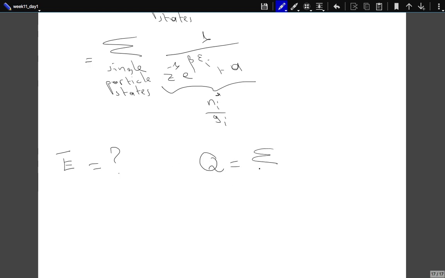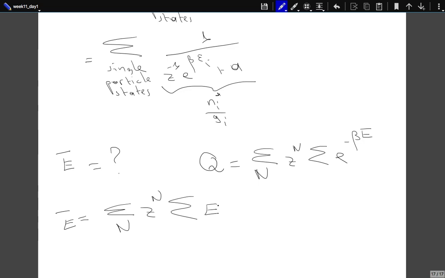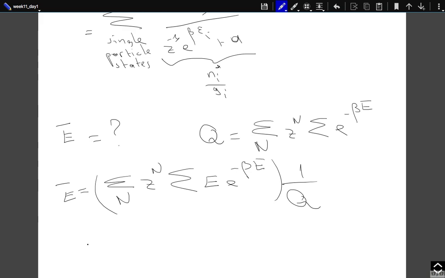This is the sum over n of z to the power n, sum over e to the power minus beta E. So now, the average E is the sum over n, z to the n, sum over E e to the power minus beta E, times 1 over the grand partition function.